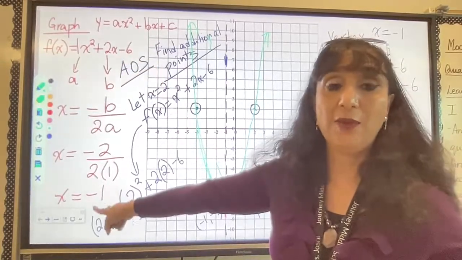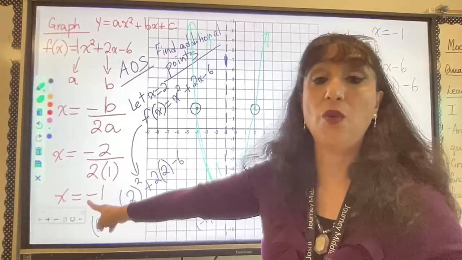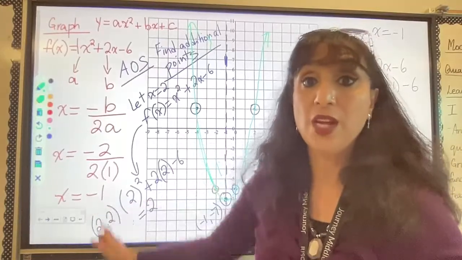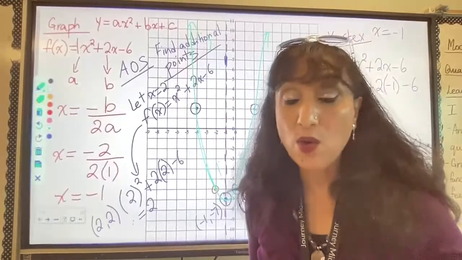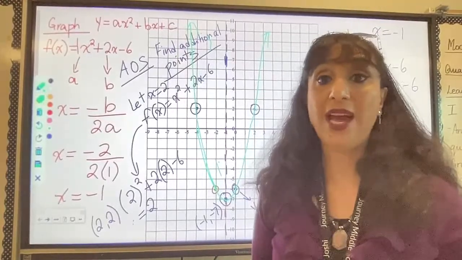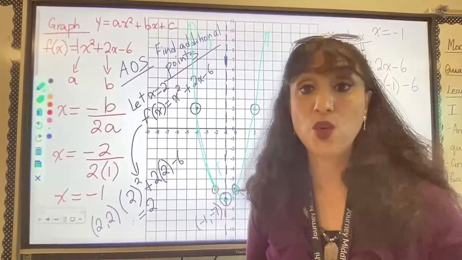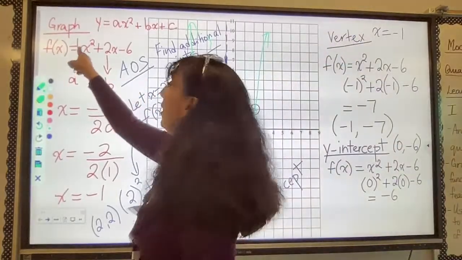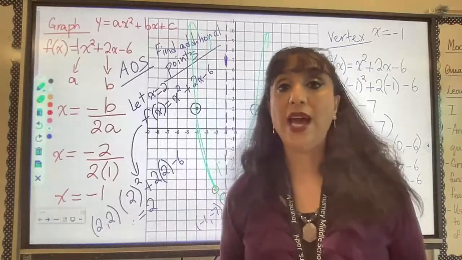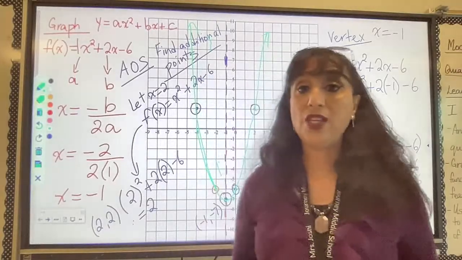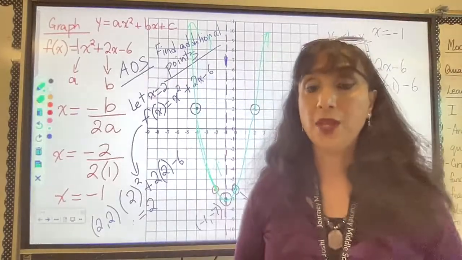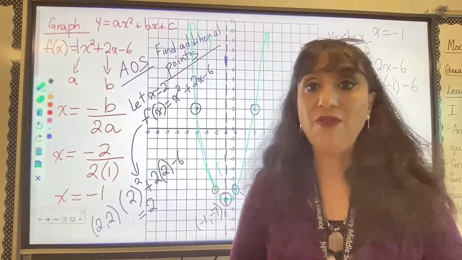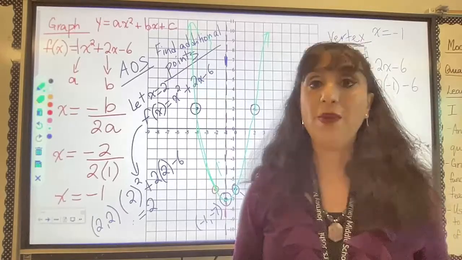Then I find the value of x, which is my axis of symmetry. So then I draw a dotted line down the axis of symmetry because that's where my vertex is going to fall. And I look at the a in front and I know that it's positive, so my graph is going to open up. If it was negative, the parabola would be opening down.